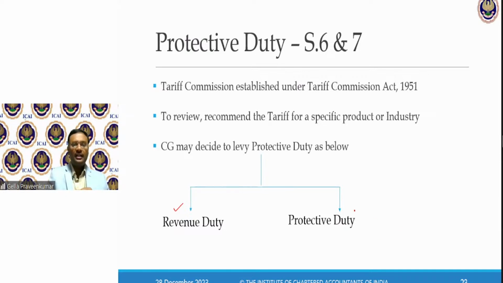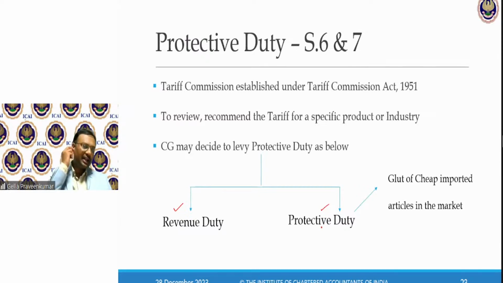Or there is something called protective duty. Purpose of this protective duty is to control the glut of cheap imported articles into the market. So here, government thinks that there is a continuous dumping. The products are coming into India which are very cheap in nature.